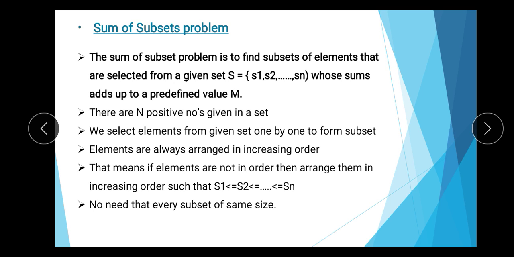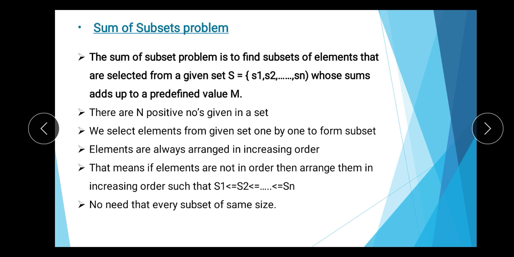That means in order to solve the sum of subset problem, we need to find the subset from the given input set in such a way that the subset sum is equal to some predefined value m. There are n positive numbers given in a set. You are provided with an input set which contains n positive numbers, and from that set we select the elements one by one to form our subset.